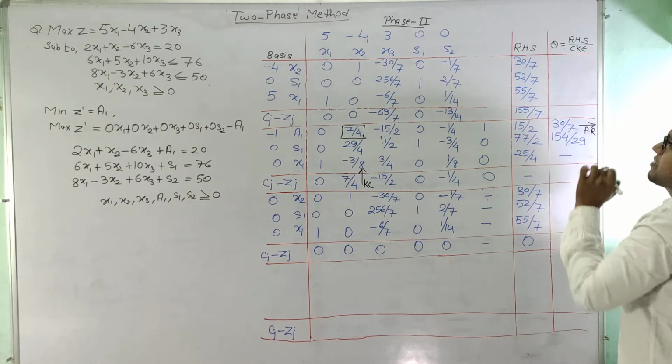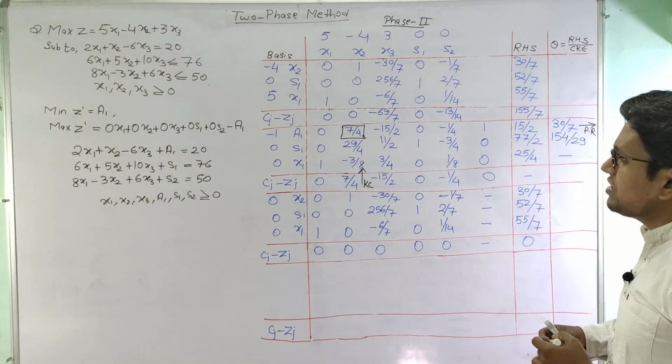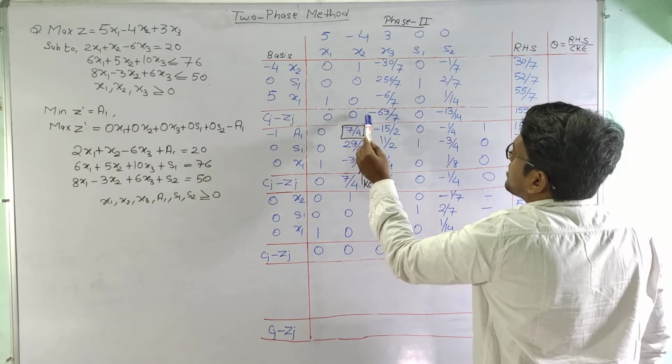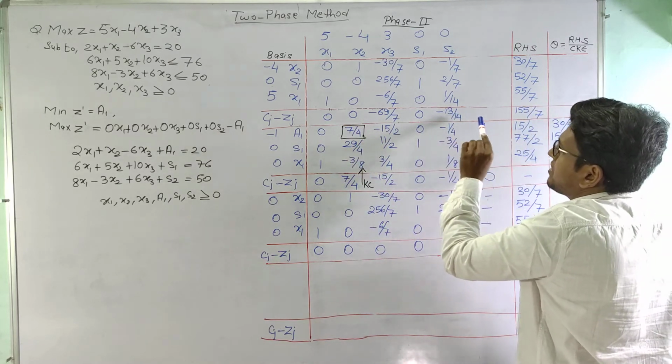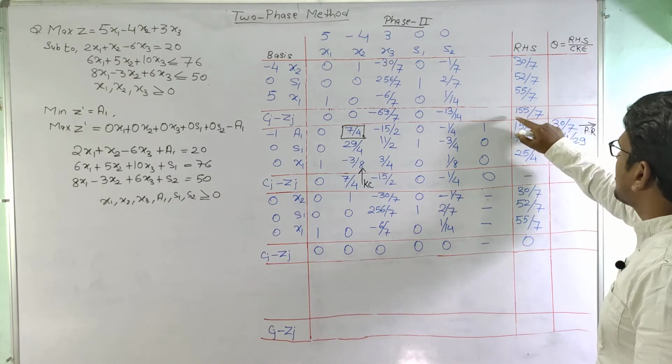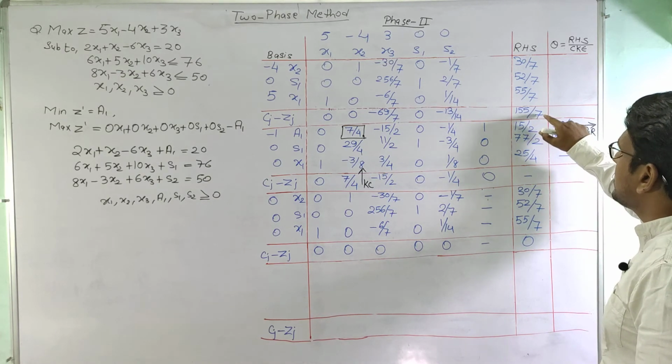So as we can see here that now all the values in the Cj minus Zj row are either 0 or negative, and the value of Z is coming as 155 by 7.